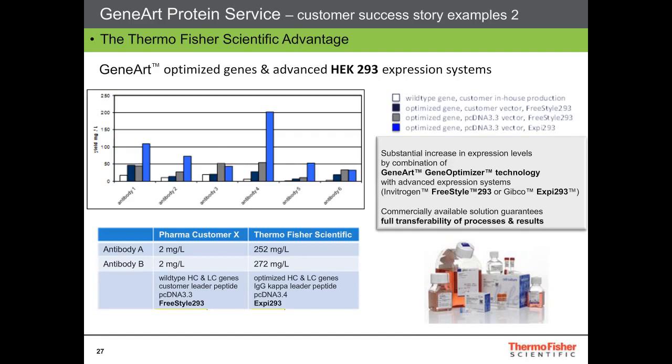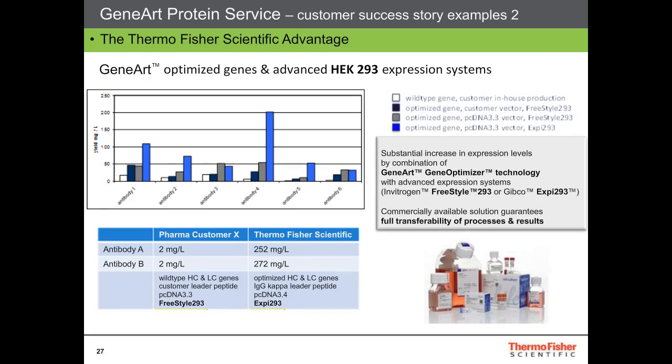So, again, this hopefully demonstrates how your research can benefit from the combination of our GeneArt Gene Optimizer technology with those advanced expression systems, namely the Freestyle 293 or the Gibco XP293 systems, which are offered through Thermo Fisher Scientific.